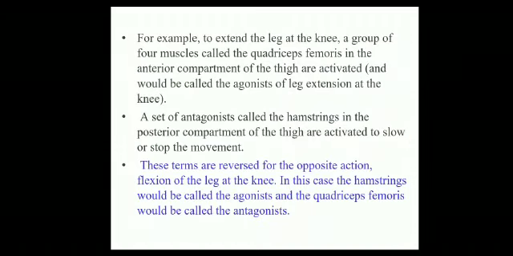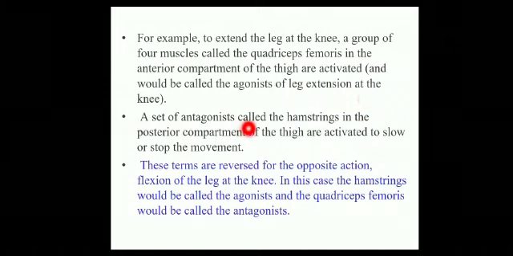So this is another example from the lower limb. For example, to extend the leg at the knee, a group of 4 muscles called the quadriceps femoris in the anterior compartment of the thigh are activated and would be called the agonists of the leg extension at the knee joint.